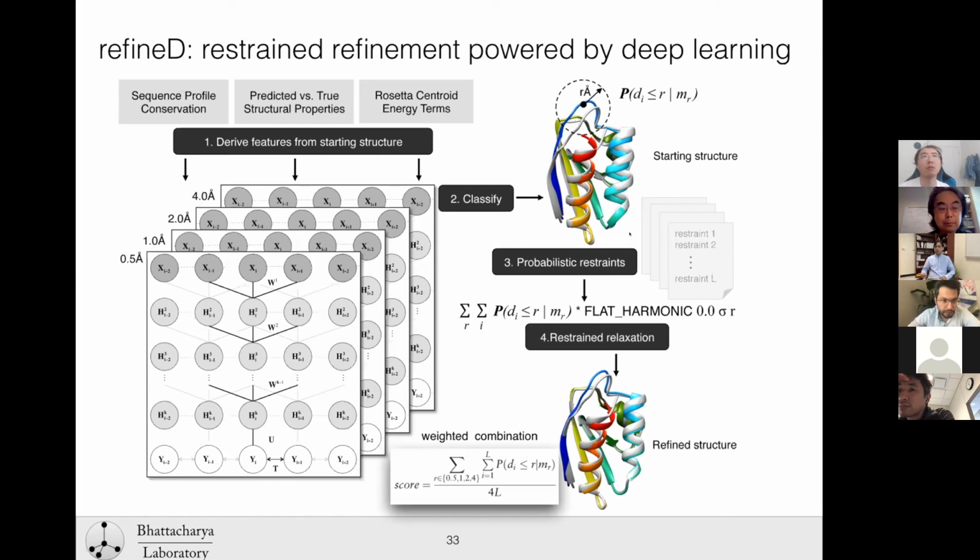We use the full atom Rosetta scoring function, plugged in these flat harmonic restraints, but we also weighted them using the likelihoods that are predicted from deep learning. So what is guiding the fast relax is really a combination of Rosetta's energy function and the classification predicted from our deep learning model. Under the hood, what is happening in the restrained relaxation is really fast relax running with the flat harmonic restraints, which are predicted from deep learning.